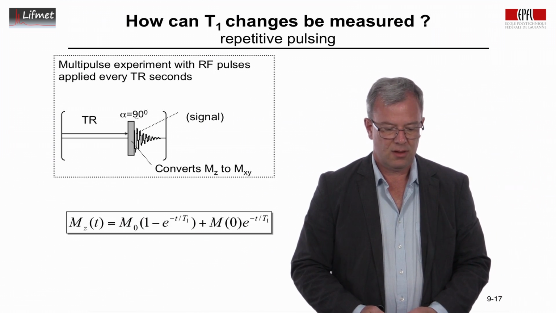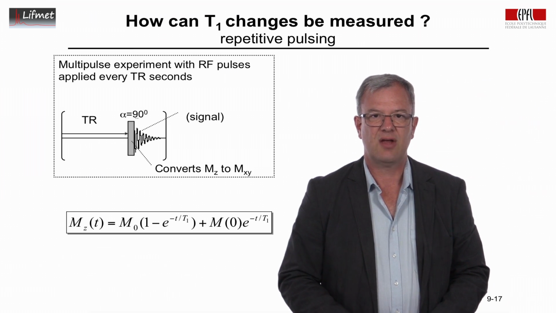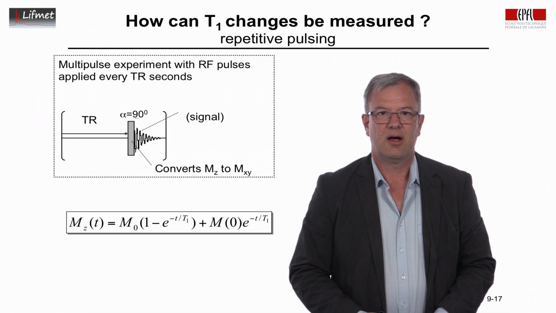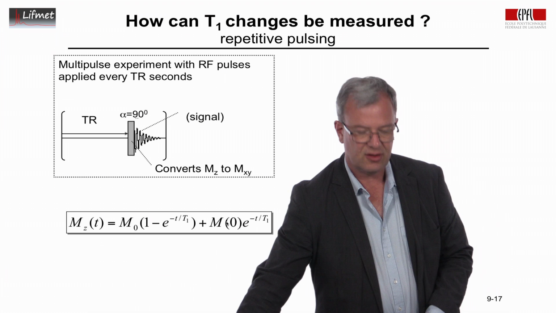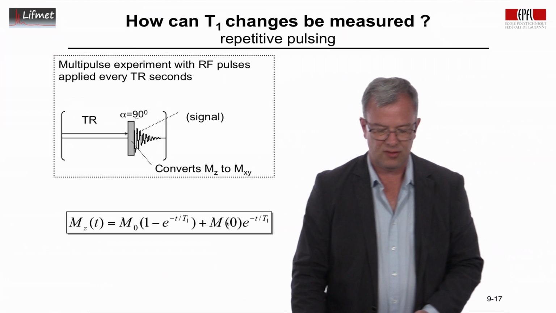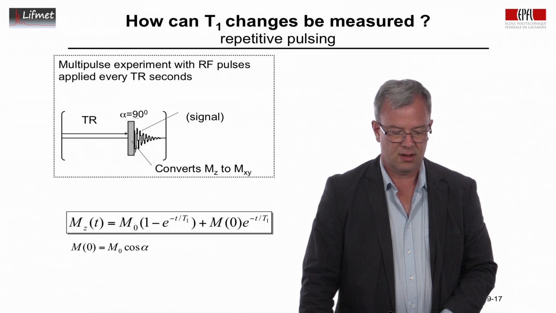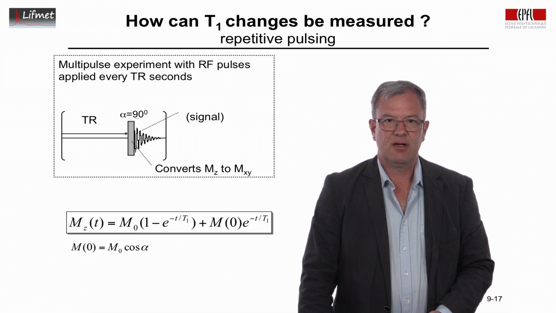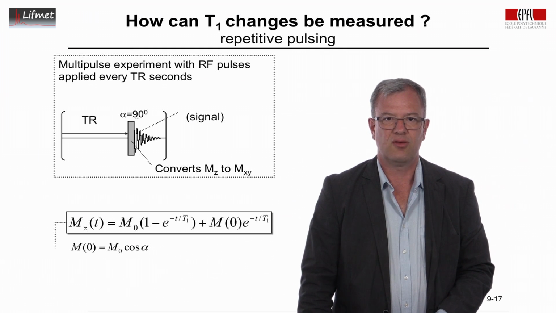So now we'll take the basic differential equation that describes the behavior of the Z magnetization. We have the recovery to M0, and we have this starting magnetization M0, that M of time 0, that decays with T1. At time 0, we can say that the Z magnetization is M0 cosine alpha.